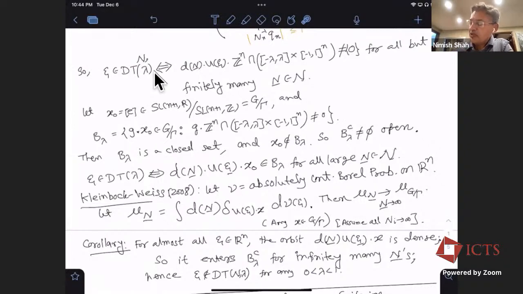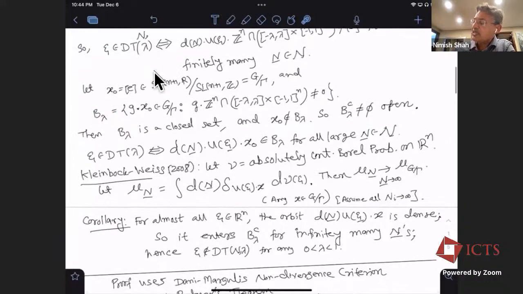Anyway, what one can show is that the complement of this set is a non-empty open set. That's all I want to say.